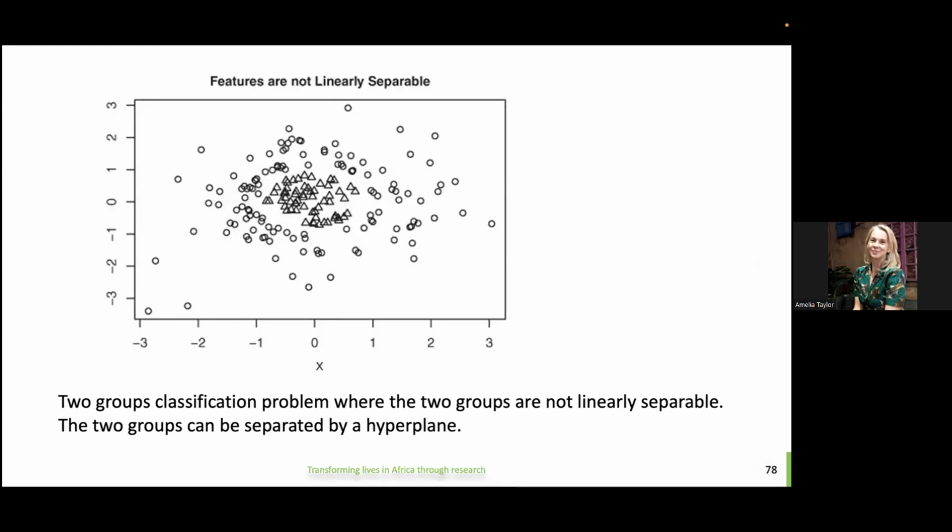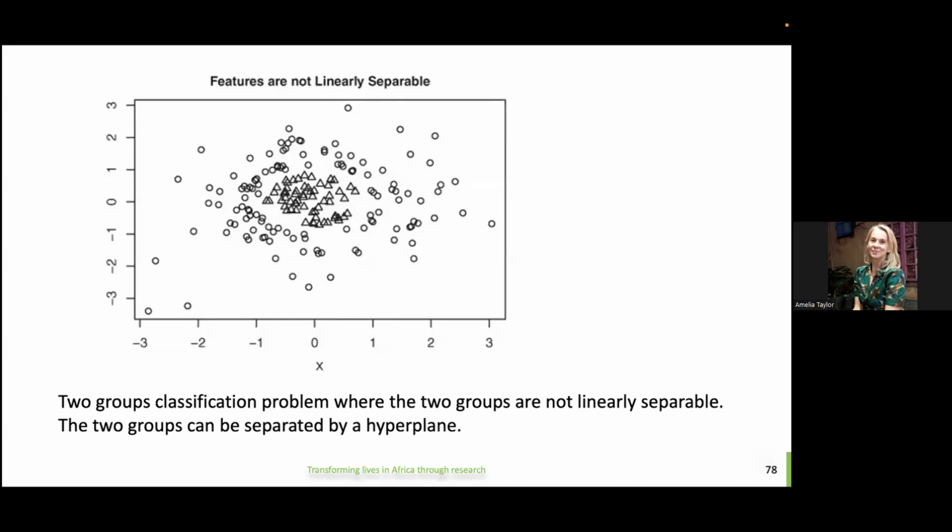In this image, as an illustration, you see 2 groups of data, the circles and the triangles, plotted on a 2D plane. So it's not easy to see how you're going to separate this data.